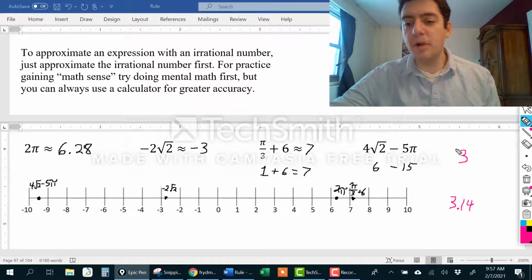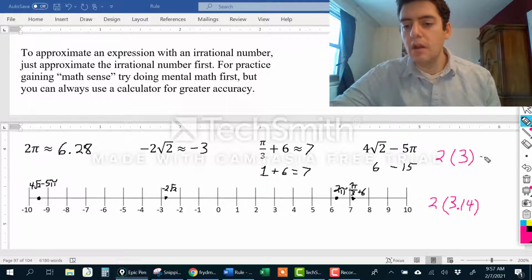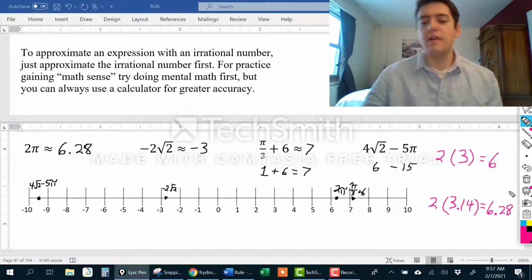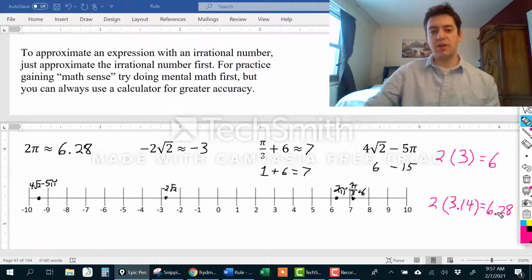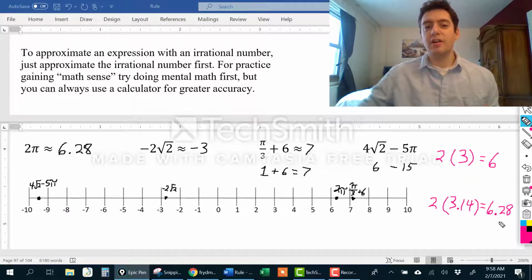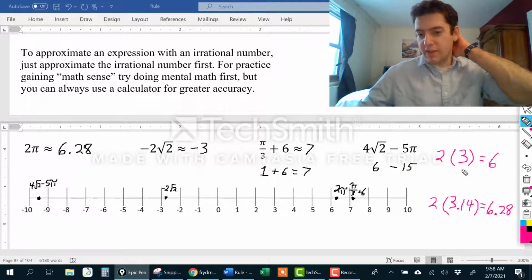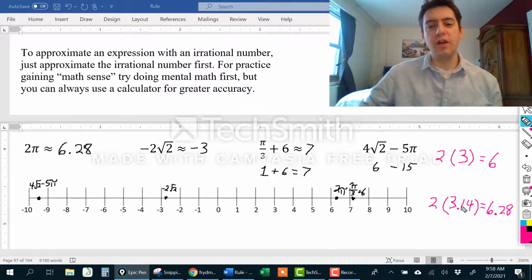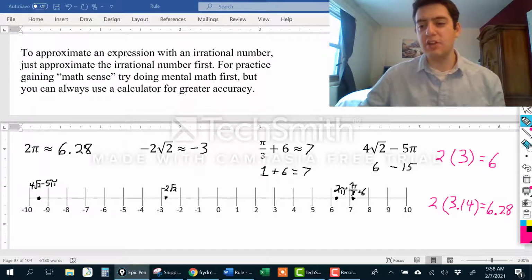Now what if I multiply both of these by 2? This would be 6, and this would be 6.28. The difference between these two numbers is 0.28. So my error went from 0.14 to 0.28 when I multiplied by 2.